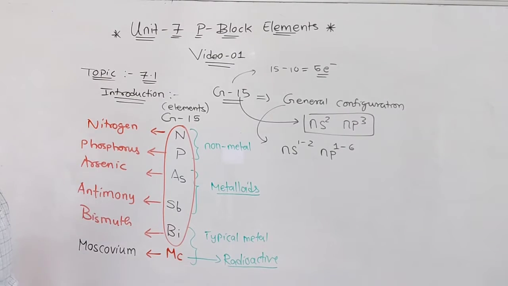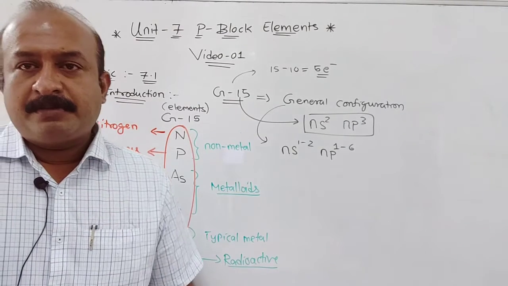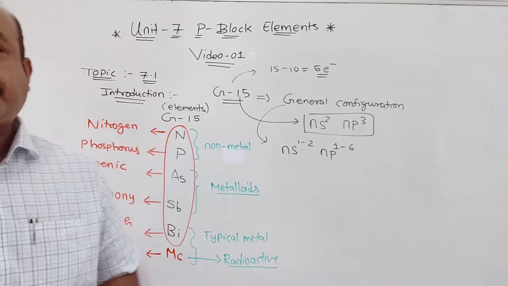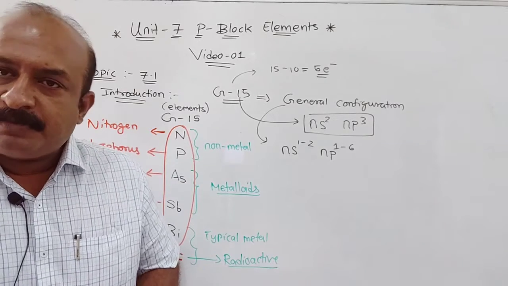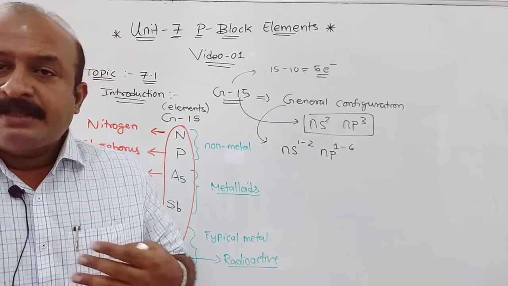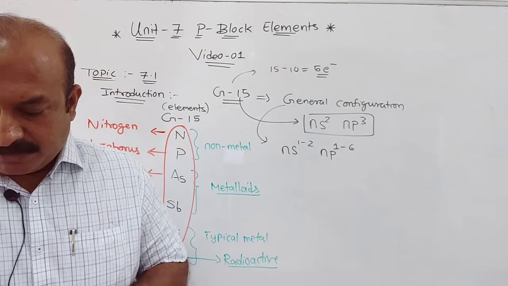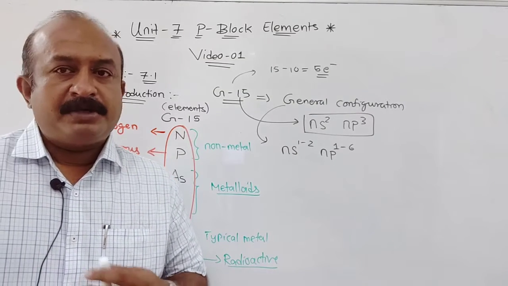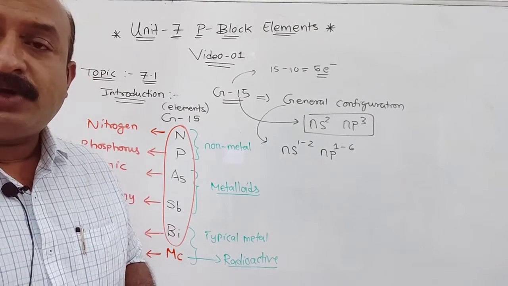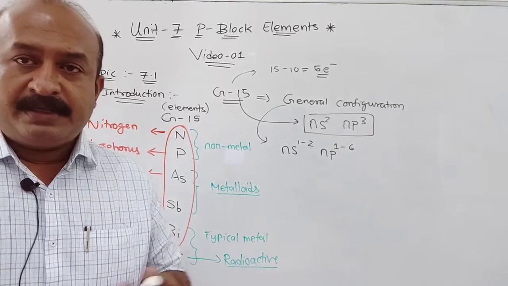Now according to the latest syllabus given by the board, the occurrence part, topic 7.1, is not there in your board exam. So questions will not be asked from the occurrence part, but the remaining physical properties are there. Topic 7.1.1 is not there, but you can read it by yourself because it gives you nice knowledge, like where these elements are found in our body or in the environment.